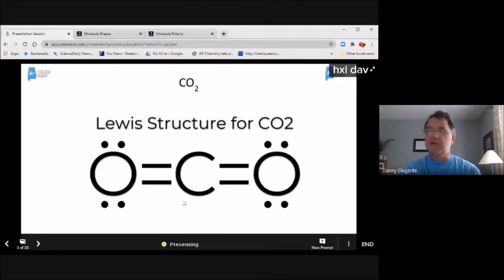But on the other side of the molecule, the electrons are also being drawn towards the oxygen. So is this a polar molecule? We would say probably not, because one oxygen's pull on the electrons is being canceled out by the other oxygen's pull on electrons.